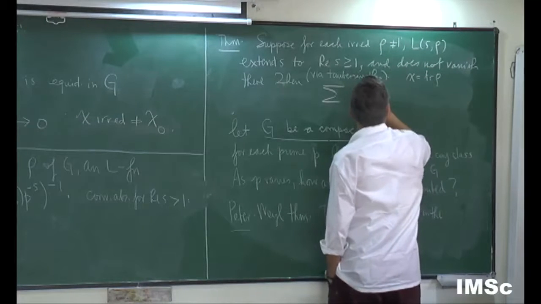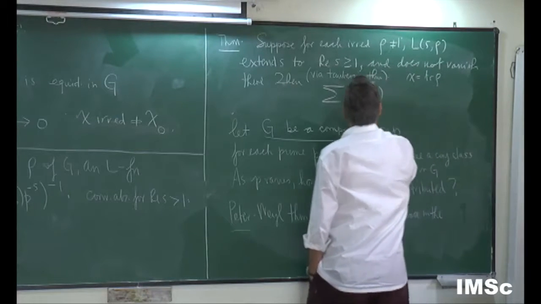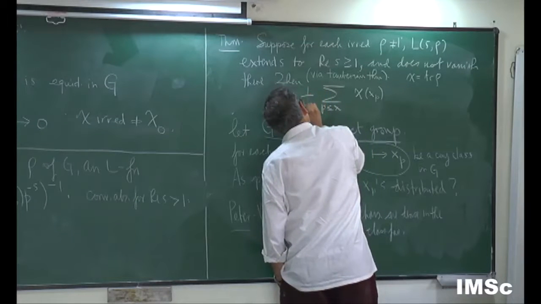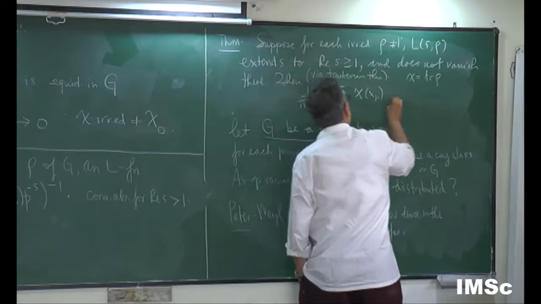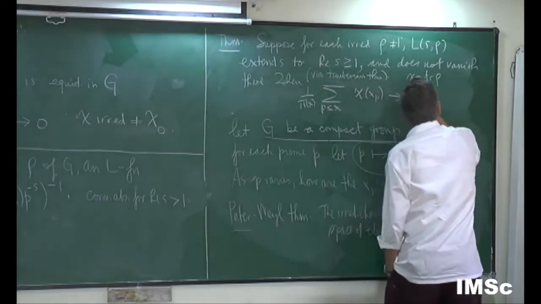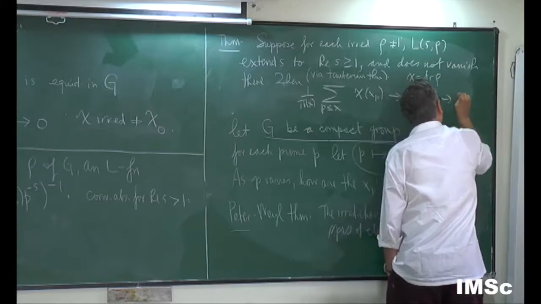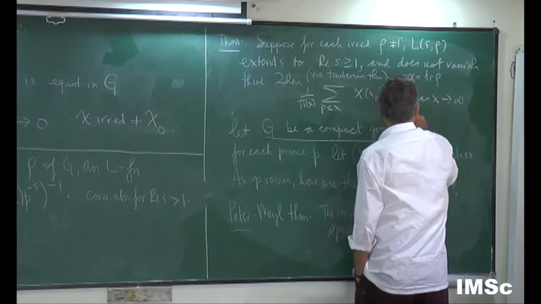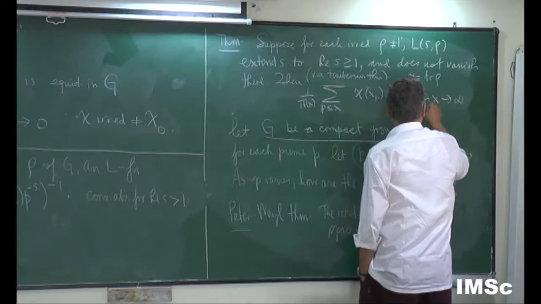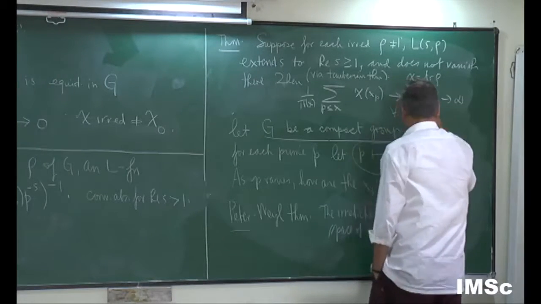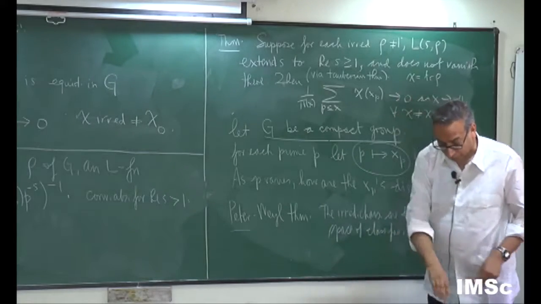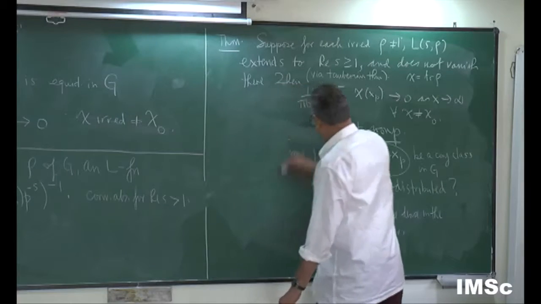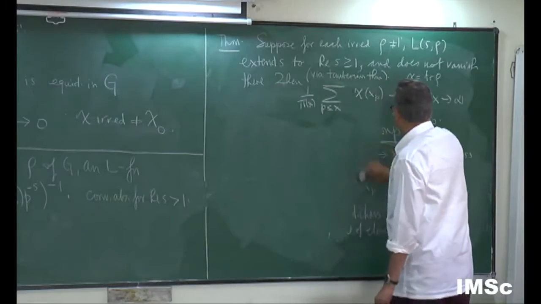So chi of x sub p, I'm just using p's as primes, 1 over pi of x times the sum over primes goes to 0 as x goes to infinity for all chi not equal to the trivial character. So he proved this.